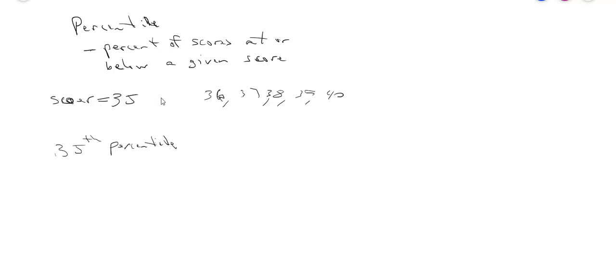So again, you look at your data one way. This is like a frequency table. Percentile is like a relative frequency table where it shows at or above or at or below. Percentile shows the amount of scores right at or below. So if you're at the 35th percentile, that means you did better than 35% of the people in that group.